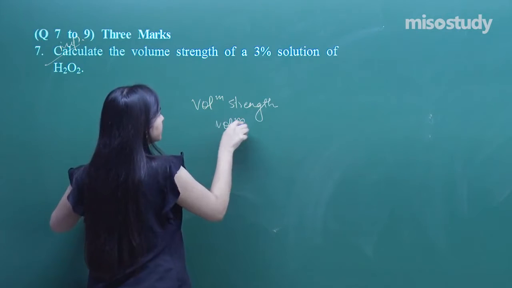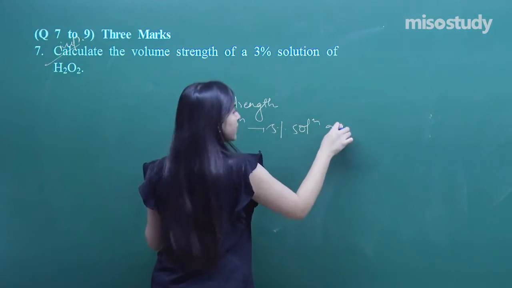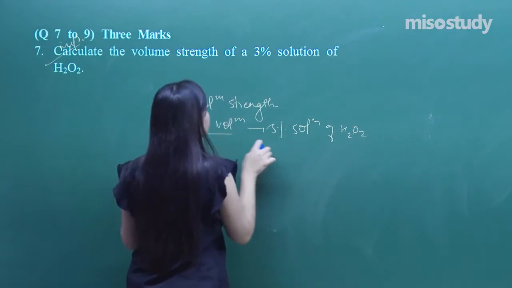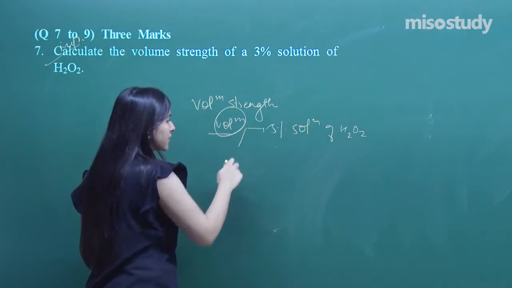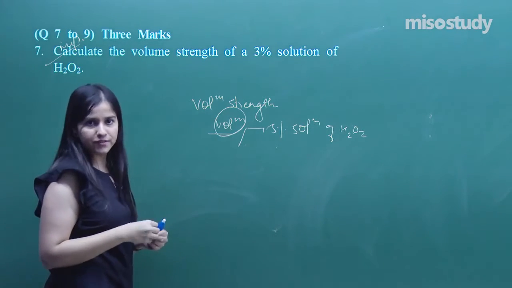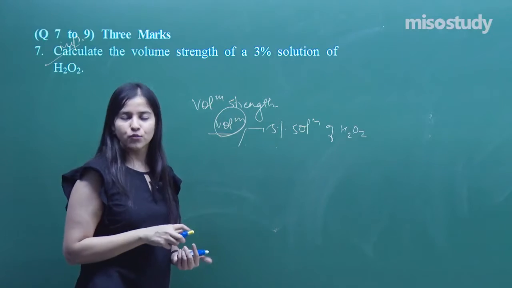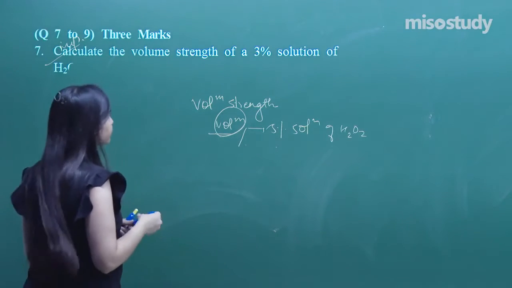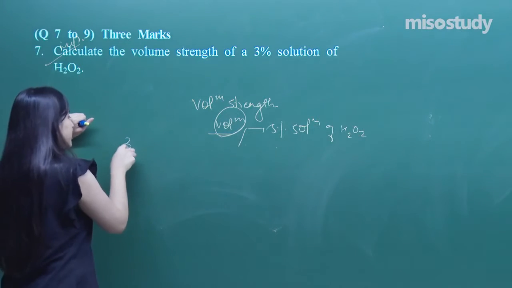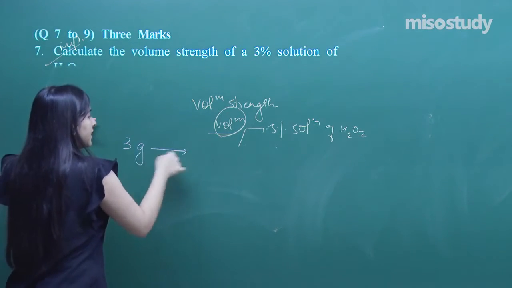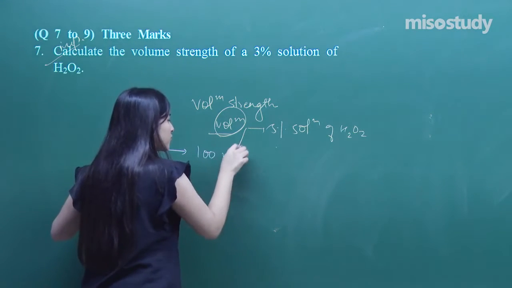Volume taken for 3% solution of H2O2. Volume strength means I need to calculate the volume per liter of the solution actually. So, 3% solution of H2O2 means 3 grams will be dissolved in 100 ml of solution.